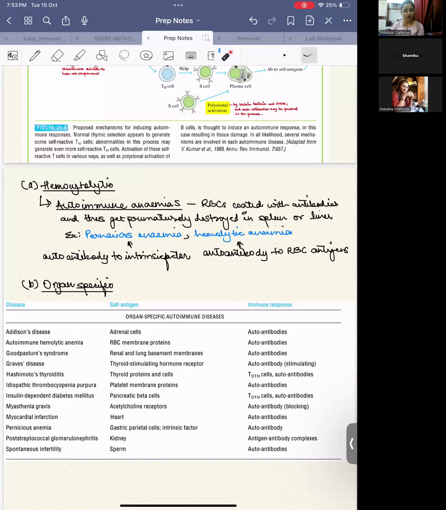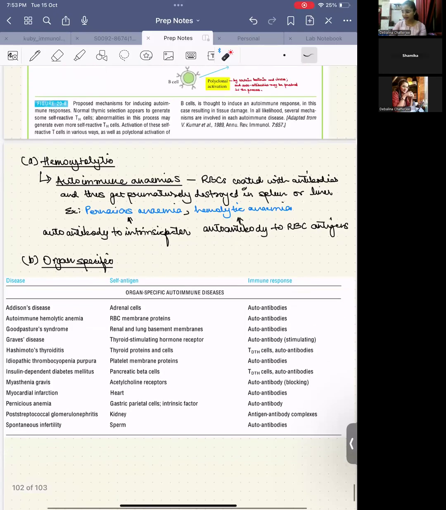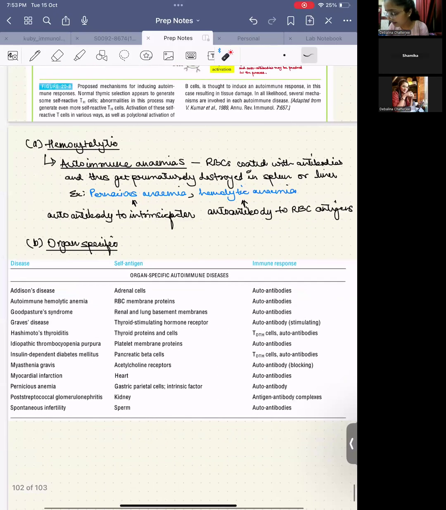Eventually, the idea in all of it is that one or the other cell type is becoming a target of the autoantibodies, and because of the destruction of those particular cell types, I have a disease that follows. Some of the common examples are Addison's disease, where it is the adrenal cell that gets affected.